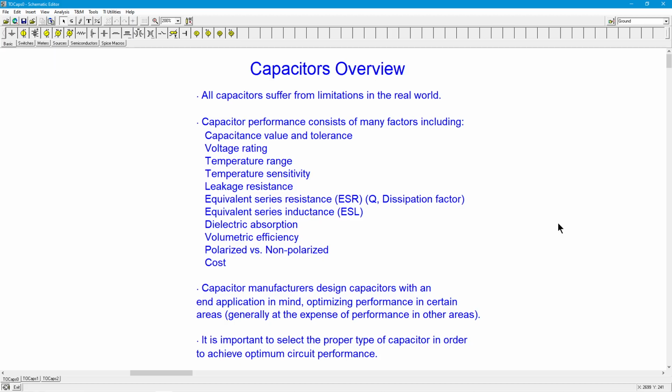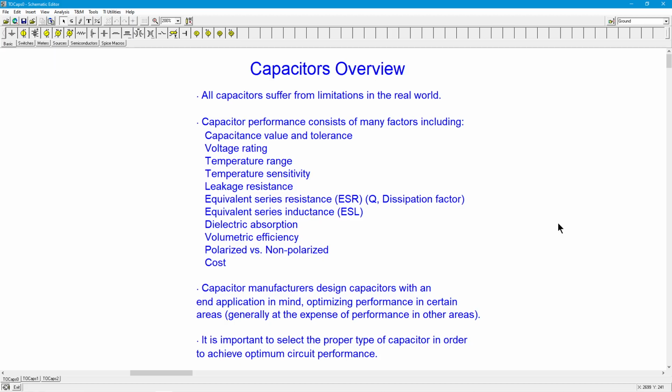So we would like that to be as small as possible. We would like the ESR to be as small as possible. Similarly, there's something called equivalent series inductance. The simple fact that you have a wire lead sticking out of this thing and there's a current flowing through it means there's a magnetic field being created, so there's an equivalent inductance there as well. That will limit the frequency response on the high end. We would, of course, like that to be as small as possible.